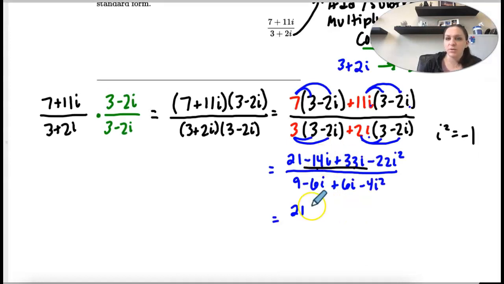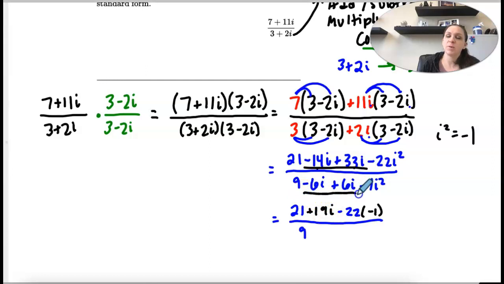So these two combine to positive 19i, and then the negative 22 stays, but I'm replacing i squared with negative 1. Divided by 9. And then these are like terms.